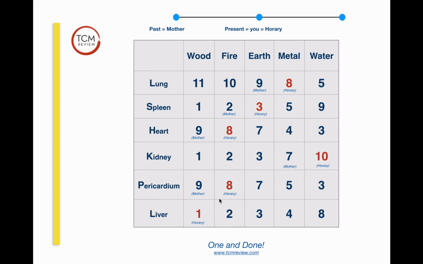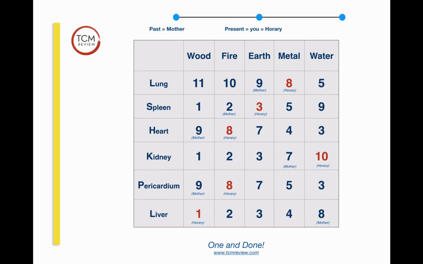For pericardium, 1 to the left of the horary point is pericardium 9. And for liver, notice there isn't a point to the left. And so this is actually a circle, right? We think of it as a circle. So when there's nothing to the left, we're going to circle all the way around to the back of the line, and the mother point for liver is liver 8.